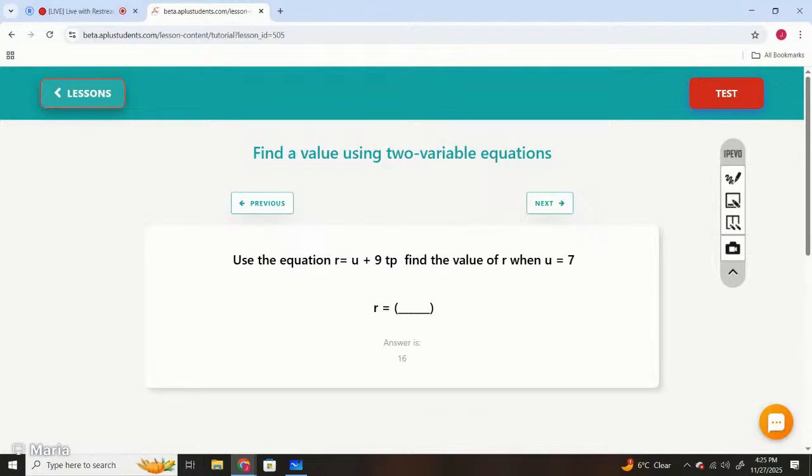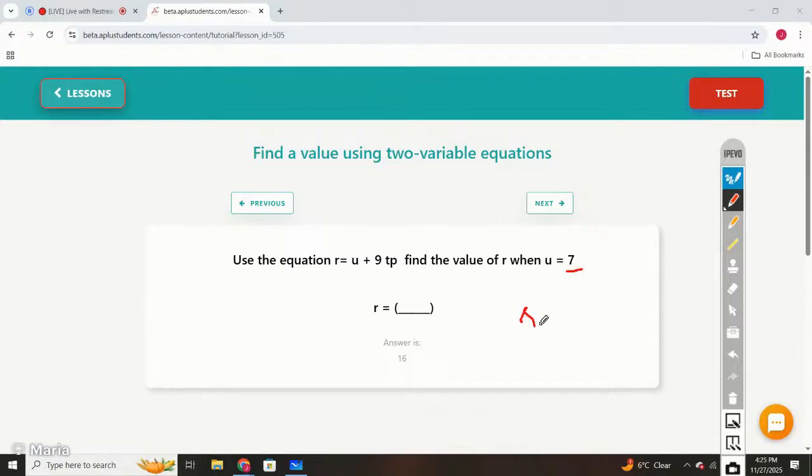So use the equation r is equal to u plus 9. Find the value of r when u equals 7. So replace the variable u with 7. So r is equal to 7 plus 9.